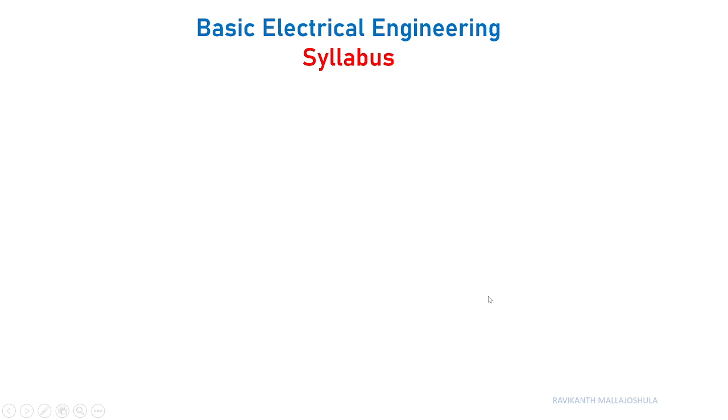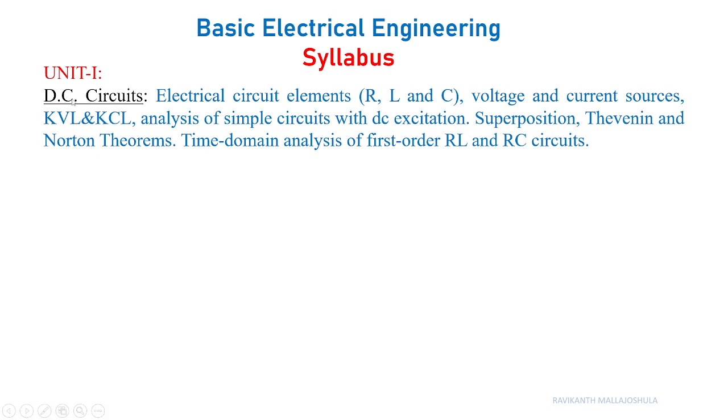So let us go with the actual syllabus of our interest, that is basic electrical engineering. In unit 1 we have DC circuits, where you have electrical circuit elements like RLC, then you have voltage and current sources, and the basic applications of laws, that is KVL, KCL, mesh analysis and node analysis with DC excitation.